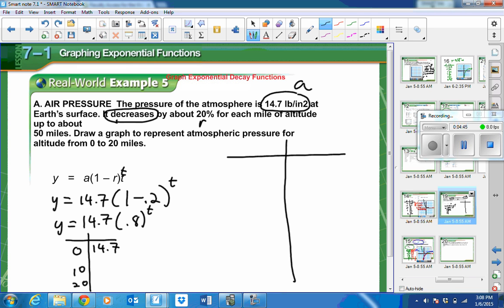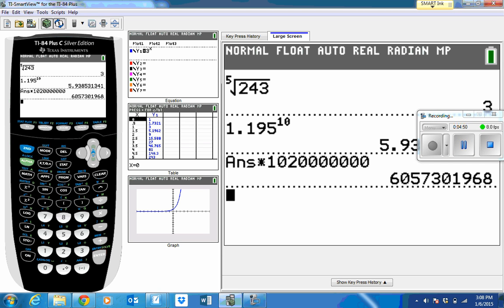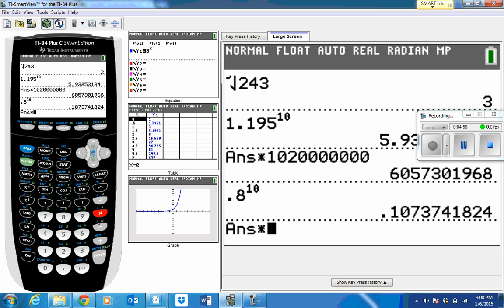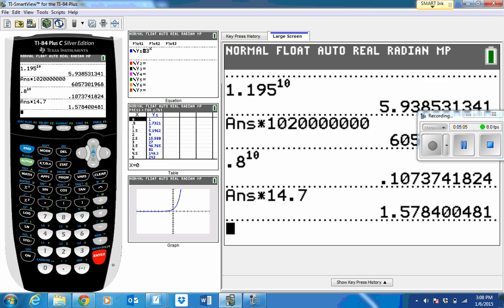So when I plug in 0.8 to the 10th power, and then I believe our initial amount was 14.7, we get 1.58.